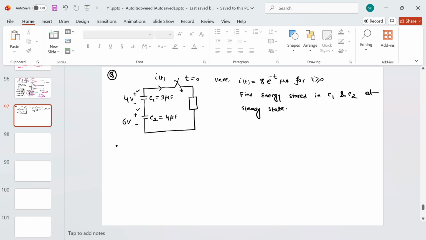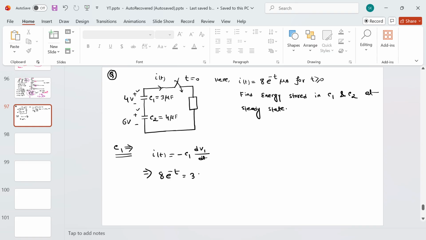So for the C1 capacitor, I(t) is equal to minus C1 dV1 by dt. The voltage across capacitor C1, let's say I'm calling V1, okay? Now I(t) is simply 8e^(-t), and C1 is 3.